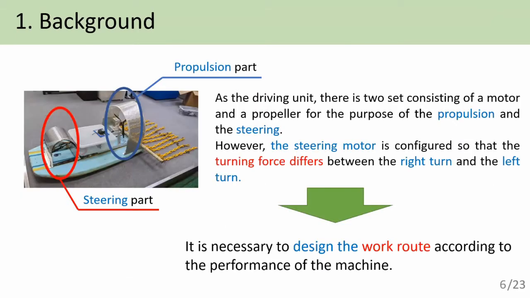Next, let me talk about the weeding robot. The driving unit is divided into 2 parts. First, the propulsive part. Second, the steering part. However, the steering motor is configured so that the turning force differs between the right turn and the left turn. It is necessary to design the work route according to the performance of the machine.